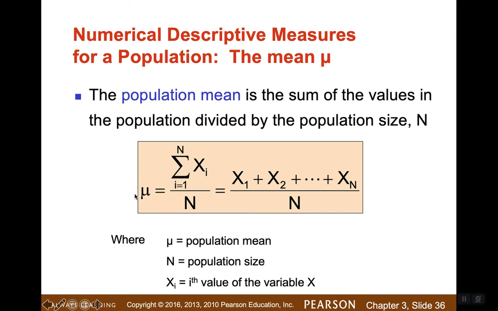So mu is equal to adding all the values in the population and dividing by the number of values in that population, which gives us the population mean, which is different from the sample mean. N is the population size. X is the individual values of all of the variables we've collected in that population. It looks imposing, but it's actually pretty simple.